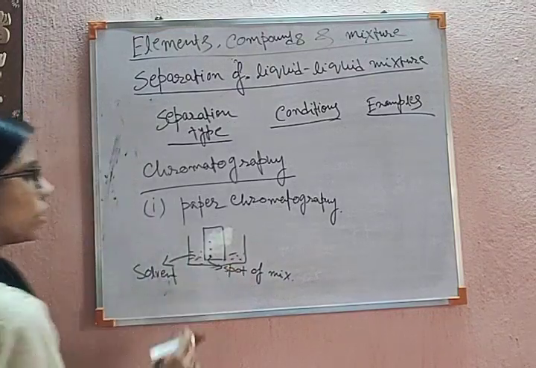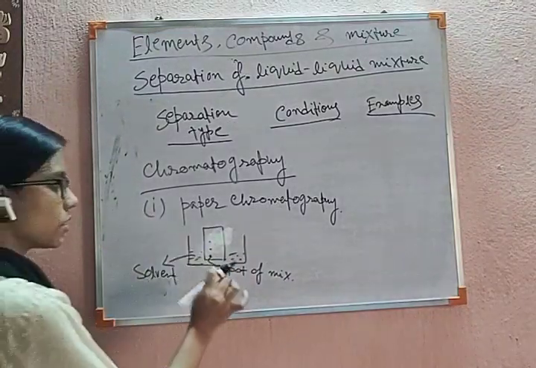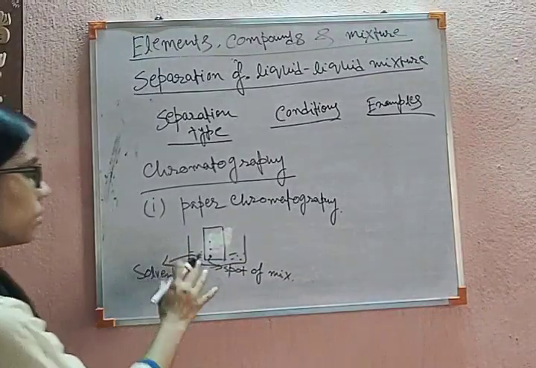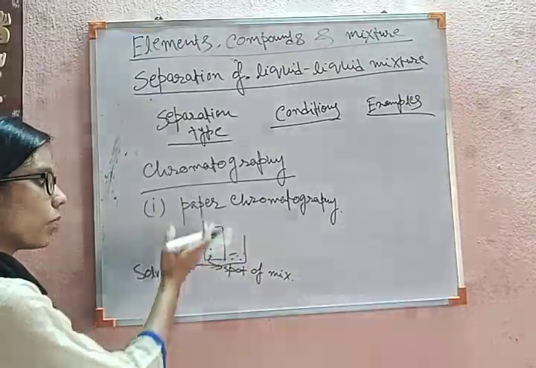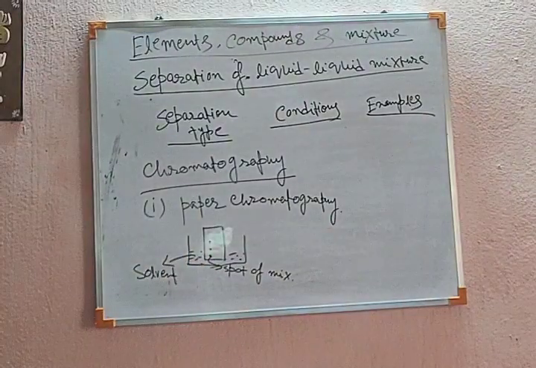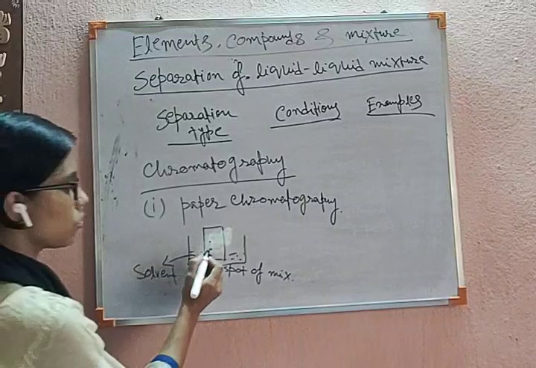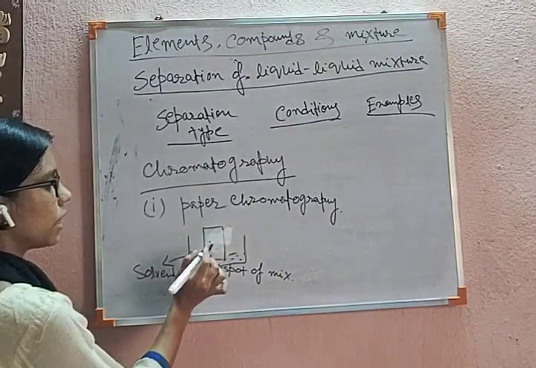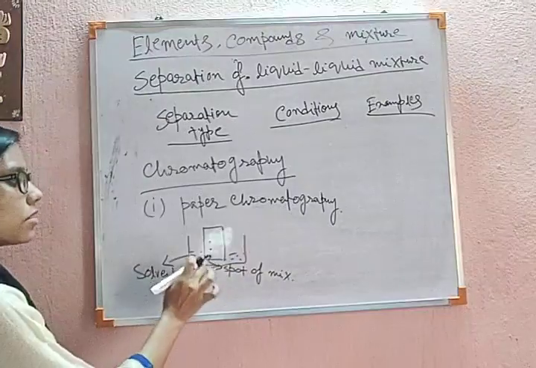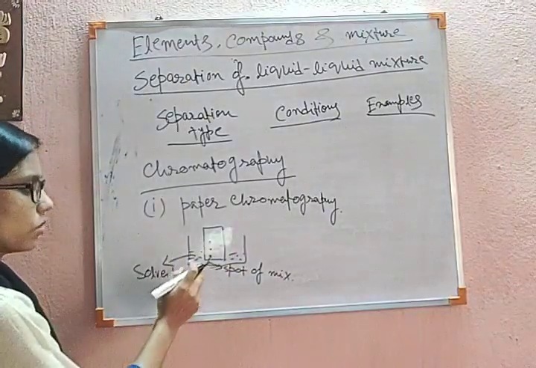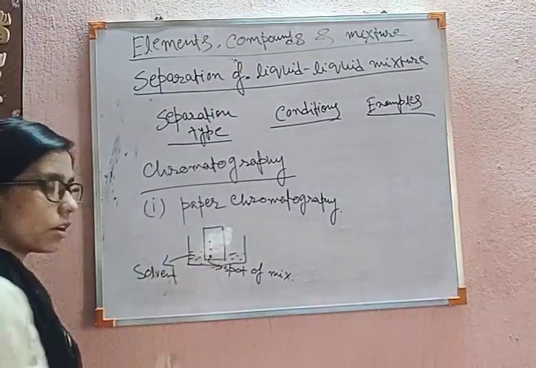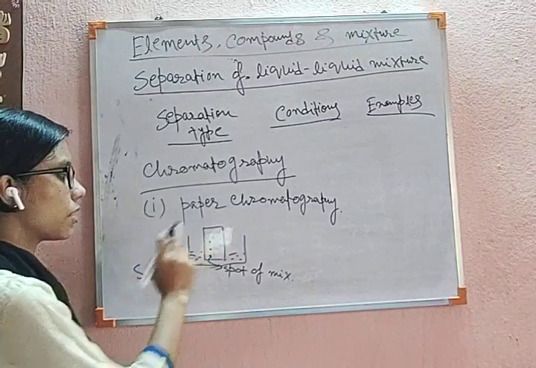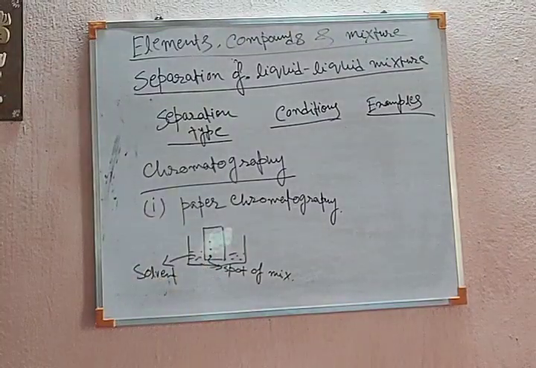When we put the paper in a solvent chamber, the spot moves upwards and separates the mixture. One spot is here and another spot here. That means this spot contains two liquids, one liquid giving one spot and the second liquid giving the second spot.